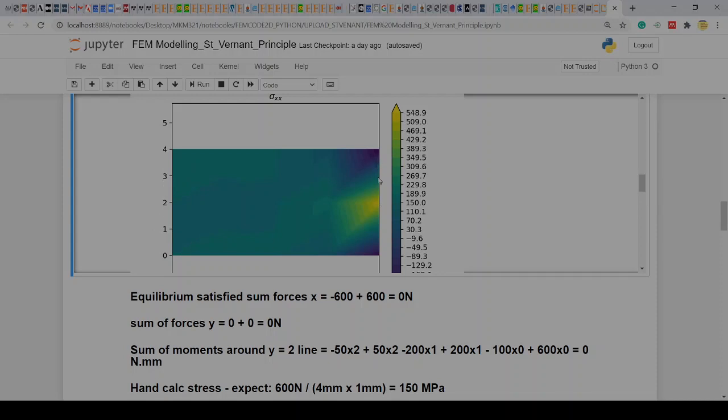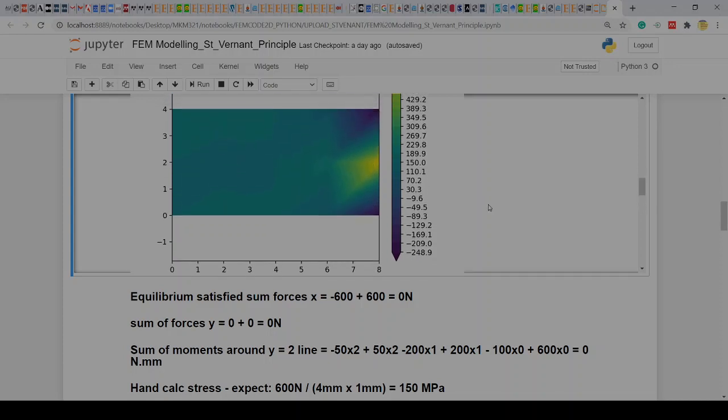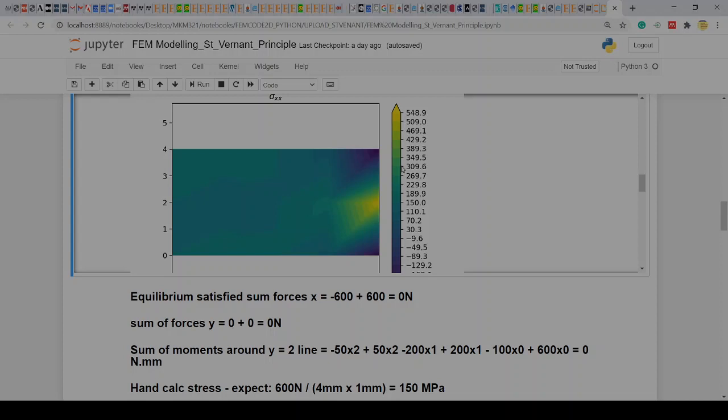Anywhere here, look at the variation that we would see in stress. If I were to be anywhere here, I would go from something like minus 248 sigma xx up to 550, just by looking at the stress variation along this edge. So that's important to understand, that this would be very inaccurate close by where the load is applied.